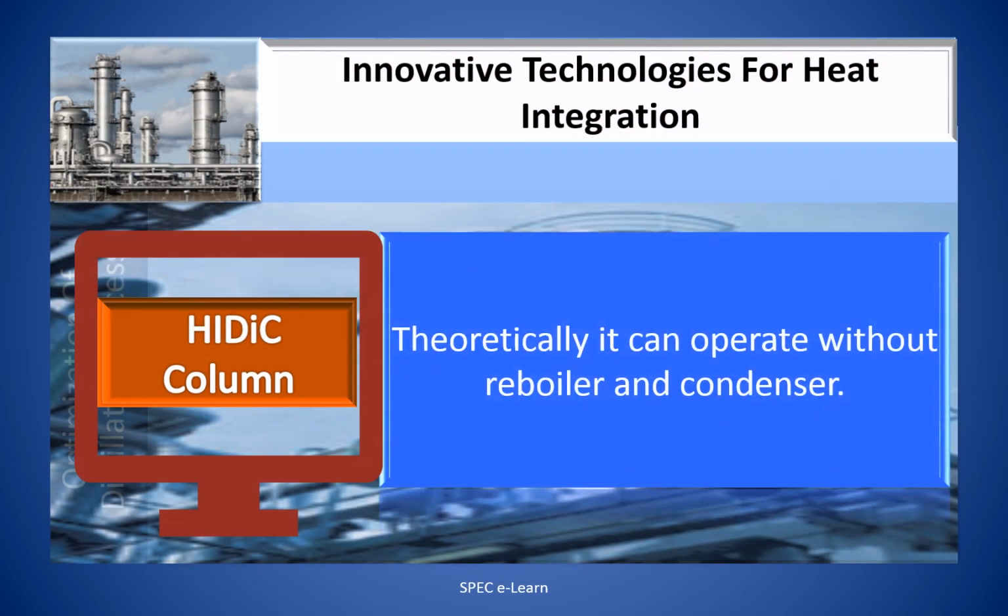Theoretically speaking, HIDiC can operate without reboiler and condenser. But as a system, HIDiC is provided with a reboiler and condenser as a backup so that when need arises, they can be used.